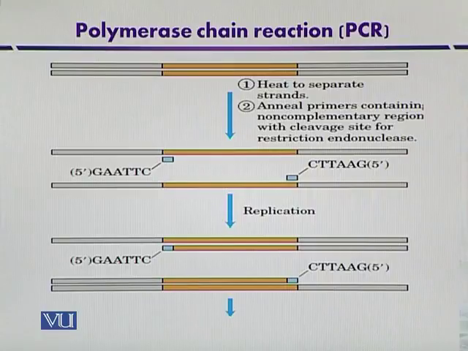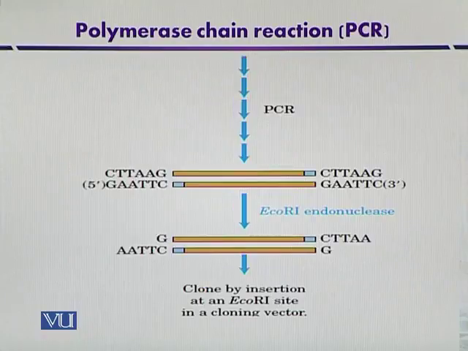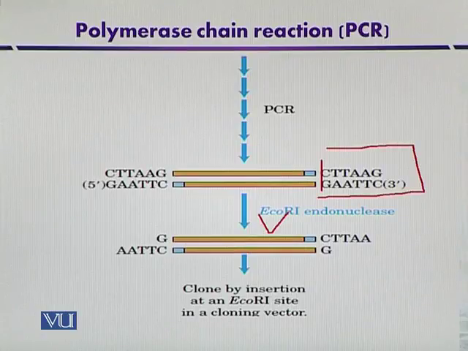We have a target DNA, and this is the region that we want to amplify. After the denaturation step we can use the primer that, suppose, has a site for the EcoR1 restriction enzyme. इससे क्या होगा कि डीएनए रेप्लिकेट करेगा, and during the process of DNA replication this target site is incorporated into the amplified DNA fragment. Now the DNA fragment is amplified with its respective restriction site for the EcoR1 enzyme.